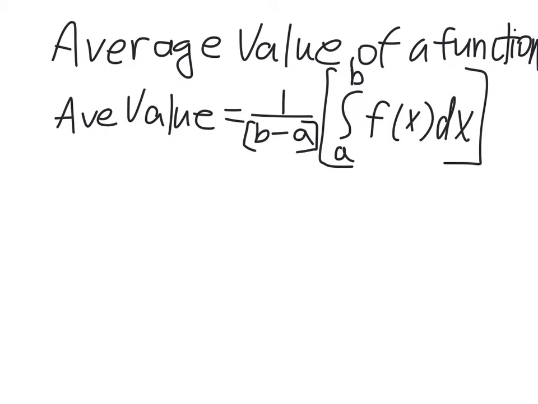Adding up all the values, well, when we integrate, we're technically adding a whole bunch of areas together, and then we're dividing by the length of the interval. So similar idea of average of the numbers, but with a continuous function it's a little bit more involved.